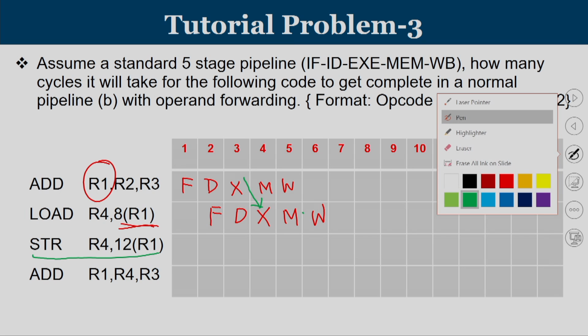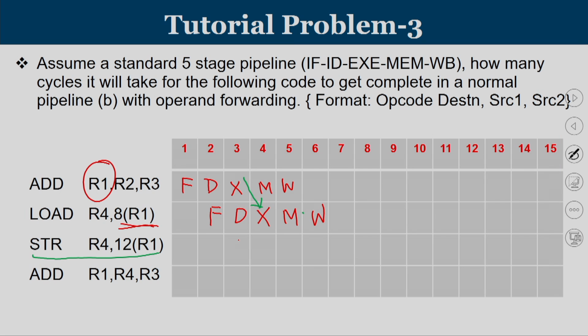Now, if you have a store operation, the store operation will decode, but 12 of R1 is the address computation. The address computation happens in its normal slot, because we want the value of R4 only before storing. So, it is actually a value from the input of the mem stage. So, at this point the data is ready, the loaded value is ready, and that loaded value is to be copied to another location.